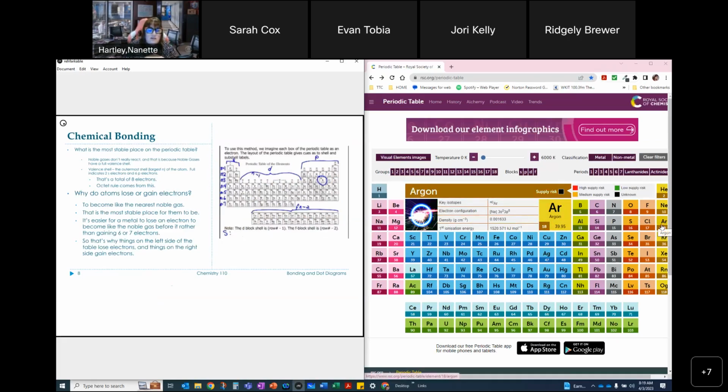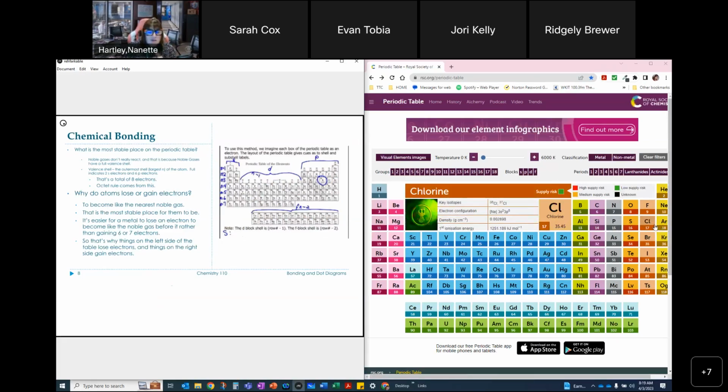All right. So it's easy to lose electrons from over here in that S group to become like the nearest noble gas, the one prior to it. Okay. But it's harder to do that when I get over here. I have to either lose, like for silicon, I have to lose 4 electrons to be like neon. I'd also have to gain 4 electrons to be like argon.